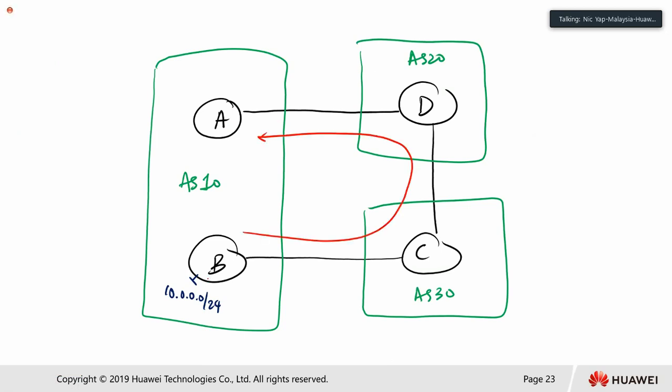Do you think that router A will accept this information or not, for 10.0.0.0/24?